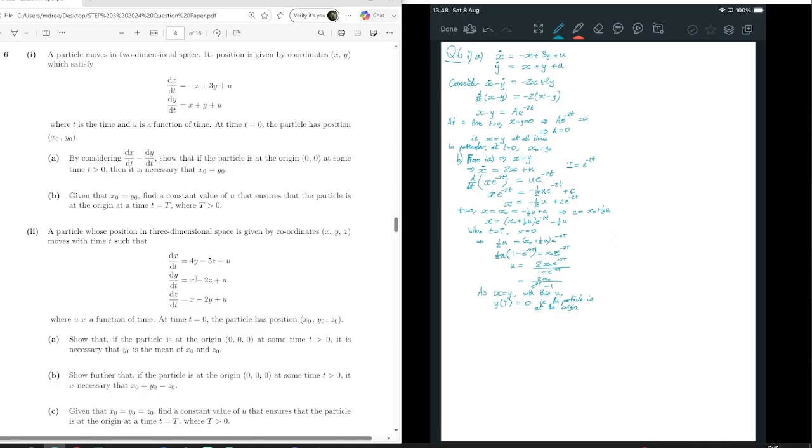If I add, potentially something clever is going to happen. But then the z's don't look like they line up with how the x's do. So maybe, maybe not. Three-dimensional space given by those equations, where u is a function of time. At time 0, we're starting at some fixed starting point.